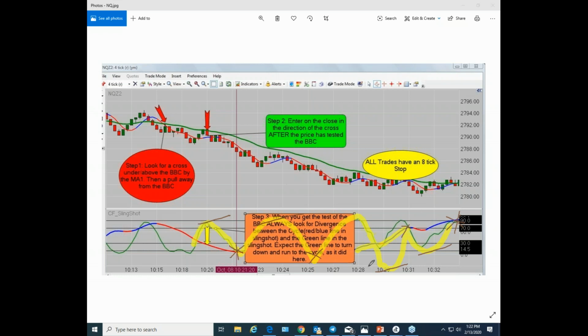The number one thing: this all takes place, let me put it this way, nothing takes place unless the market is trending. So if we are looking for a bearish opportunity, we better be making lower lows.